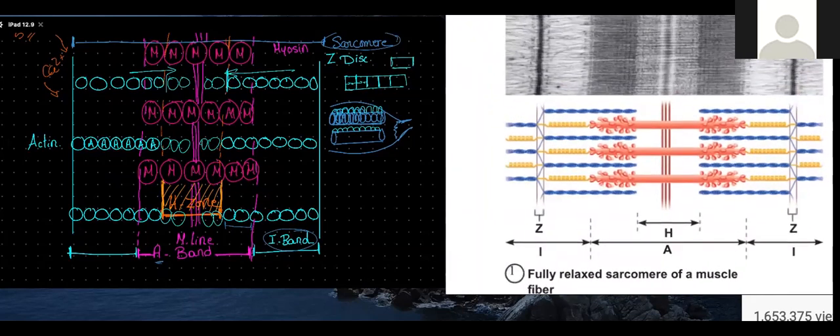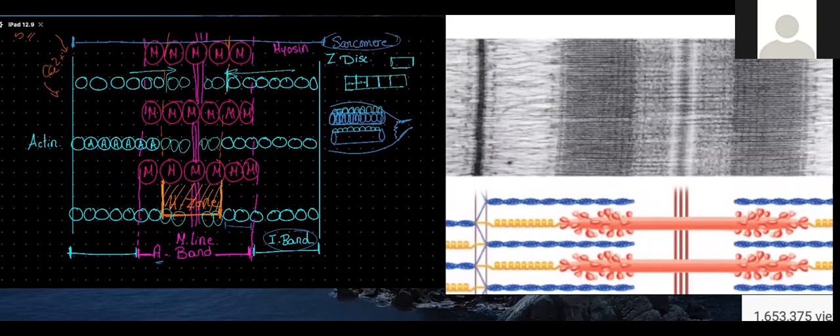If I look in here, this is my Z disc. This is another one. So what do we call the distance between the two successive Z discs? This is my sarcomere, the contractile unit of the skeletal muscle cell. Remember, the sarcomere has the A band occupied by thick filaments.